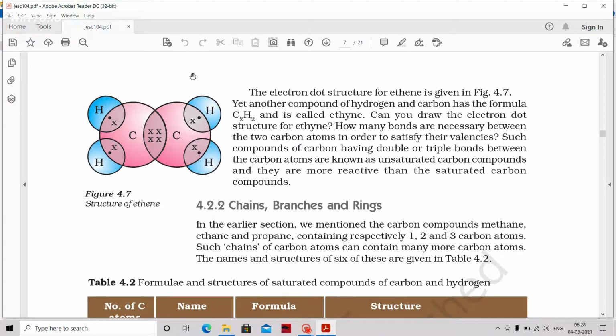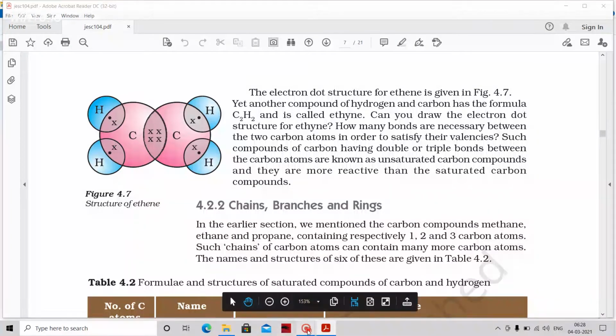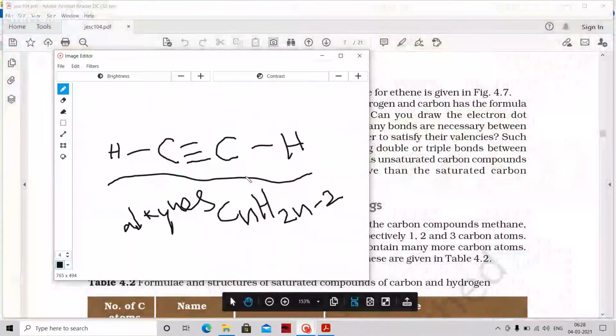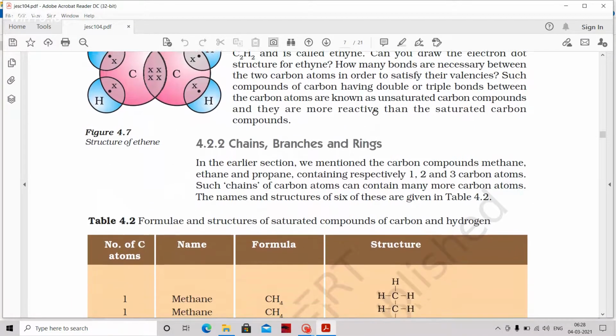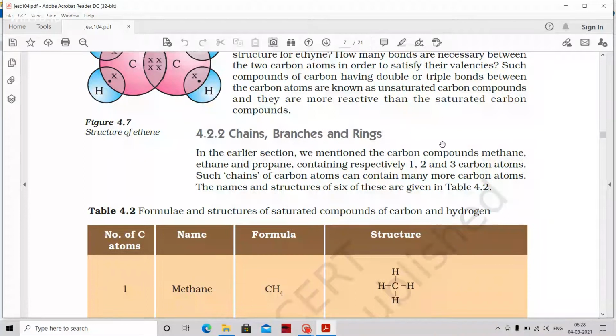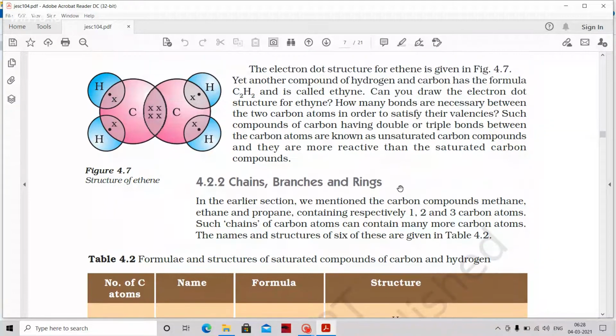In such a way, the Lewis electron dot structure can be shown. This is for ethylene. Ethyne, C2H2, is the molecule we have shown here. This is ethyne, an alkyne, or acetylene. The naming we will see when we have higher classes.